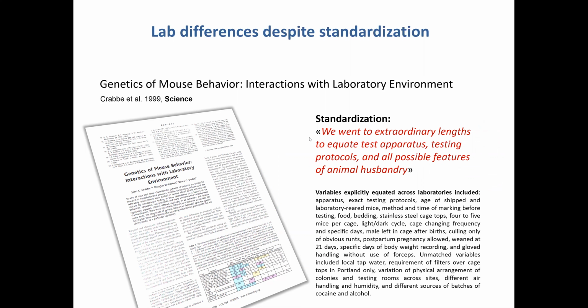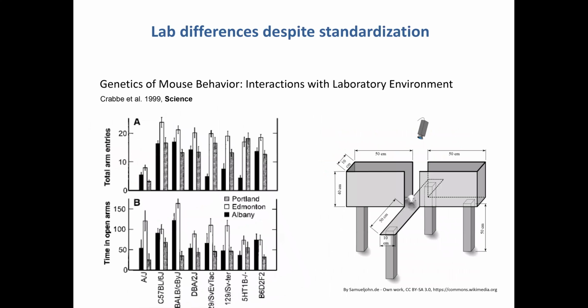They say, a quote from the paper, "We went to extraordinary lengths to equate test apparatus, testing protocols, and all possible features of animal husbandry, including apparatus, testing protocols, age of shipped laboratory reared mice, methods of marking before testing, food, bedding, stainless steel cage tops, etc., etc." So they really tried to have standardized conditions in all 3 laboratories.